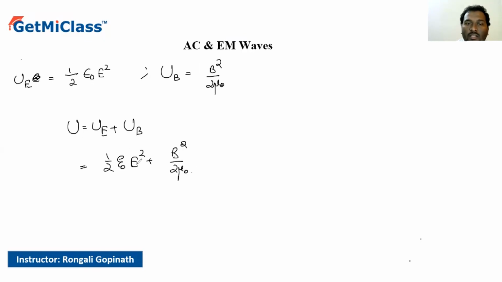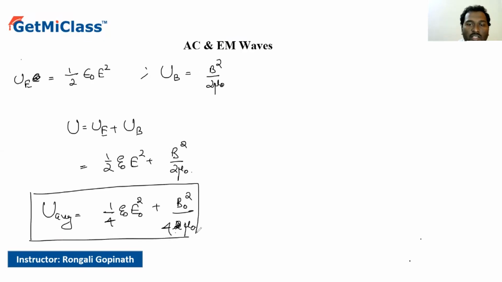But these are for the instantaneous electric field and magnetic field. If I take the average of this energy density, U average, it becomes 1 by 4 epsilon naught times the amplitude of E square plus amplitude of B square by 4 mu naught. And always remember, the energy is equally divided across the electric field and magnetic field.